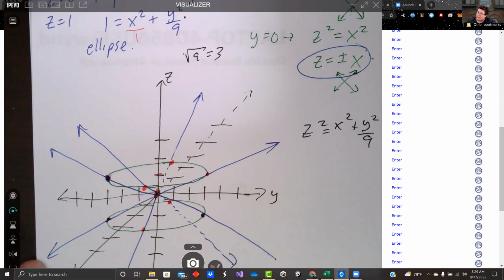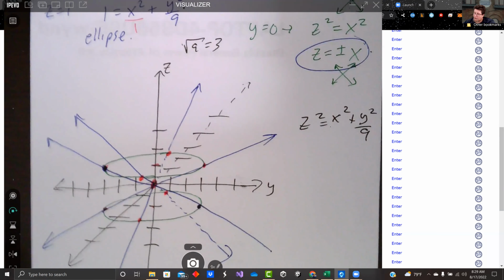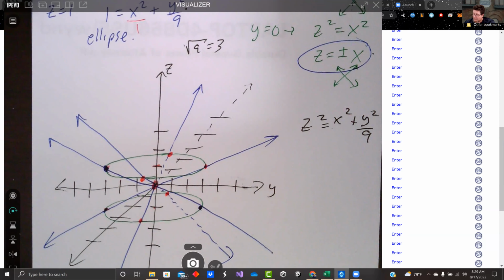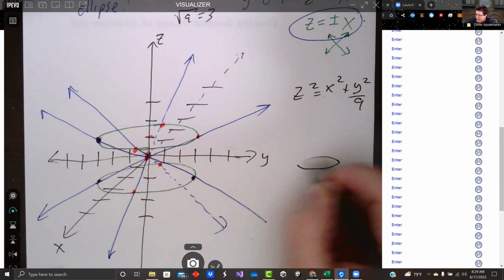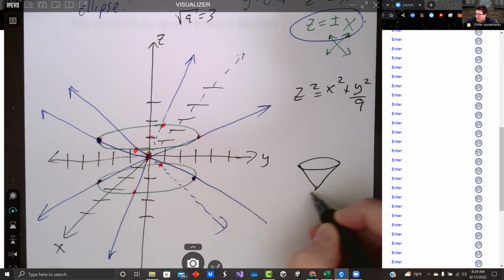It's a little hard to picture with the way I got it. It might be easier without having the graph there. I know it's making a shape like that, and it's making a shape like that.